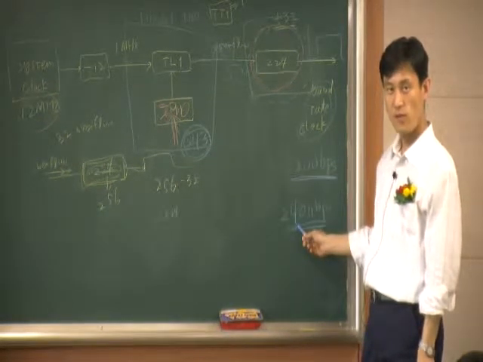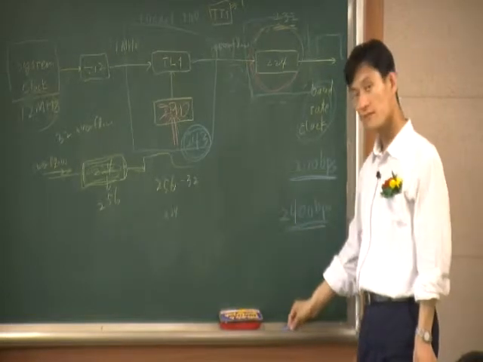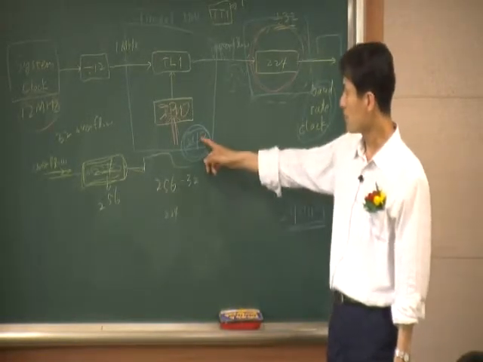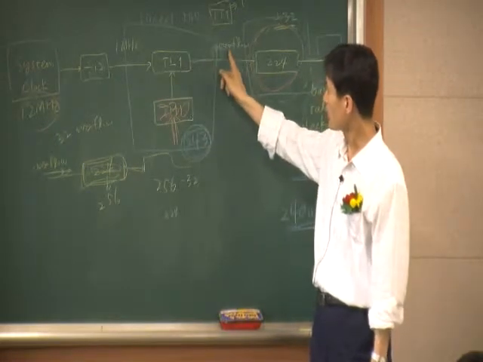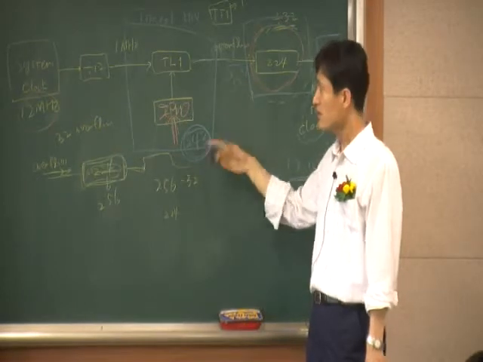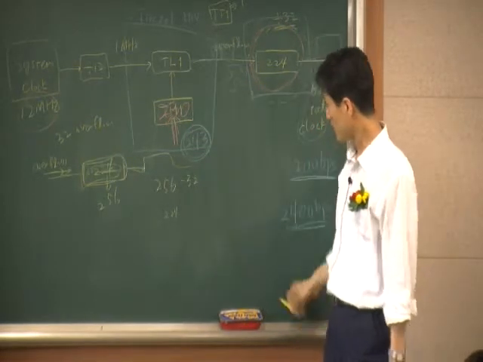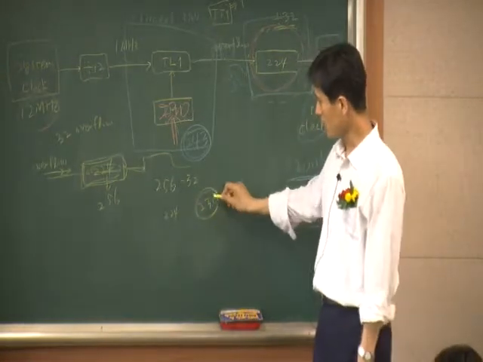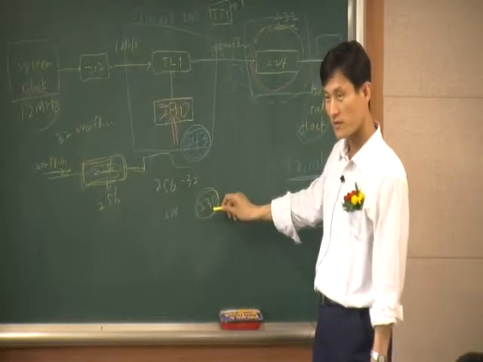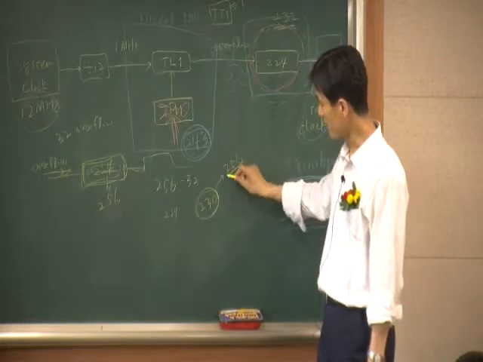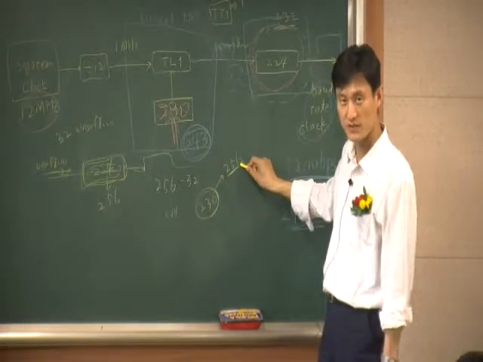Why is that? Because you want to make the overflow faster. If you have 230 as an initial value, then you have an overflow when it reaches 256. That's when you have an overflow signal.